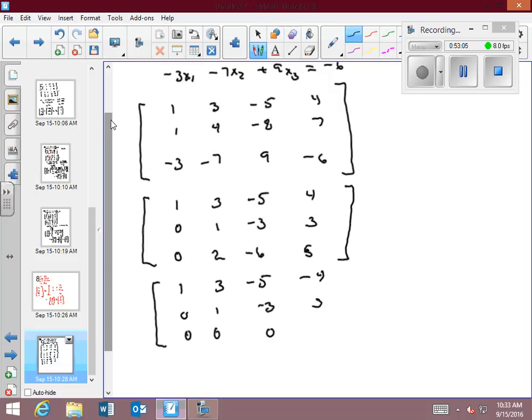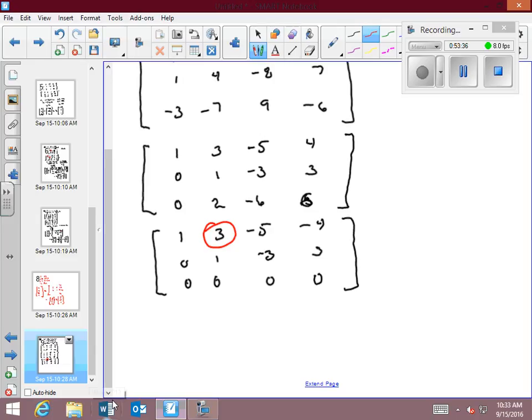Hate it when I can't subtract. When I multiply 3 times 4 is 12, and I subtract 6, I get 6, not 5. Now, I got a free variable x3, but I want to eliminate this 3 right here before I go to parametric form.